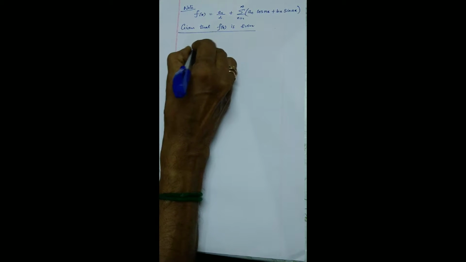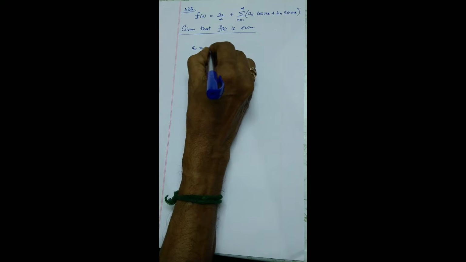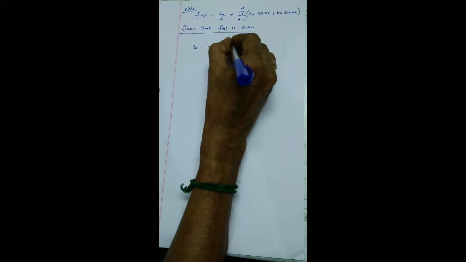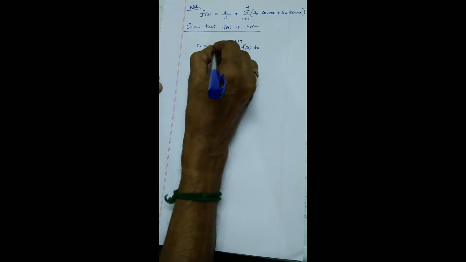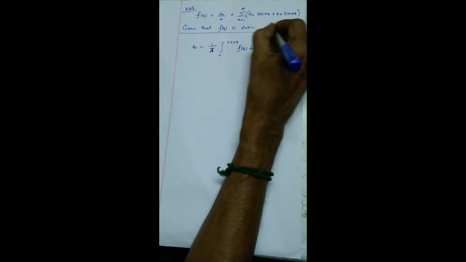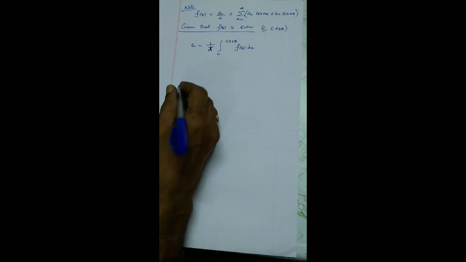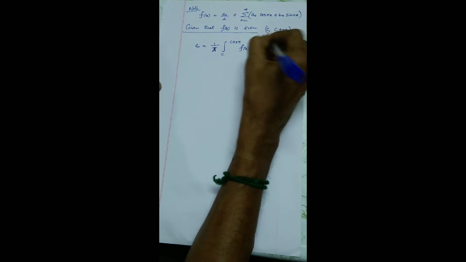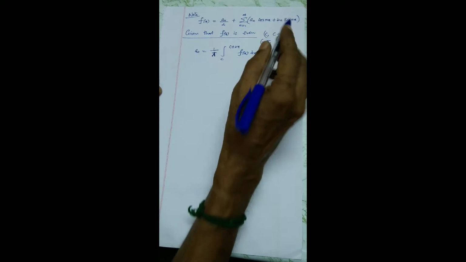Let us take what is a naught. You know the formula: 1 by pi, integral from c to c plus 2 pi of f of x dx. Suppose the function is defined in the interval c to c plus 2 pi. That is my interest. Suppose I am taking the interval minus pi to pi. Why? Because my focus is on the even function defined in the particular case minus pi to pi.